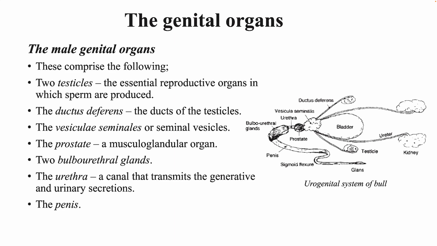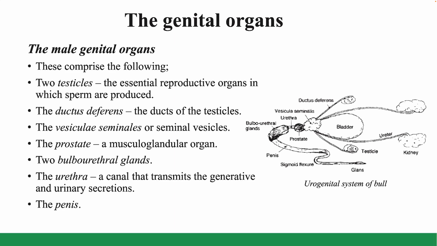And now let's jump to the genital organs. We'll talk a little bit of the male genital organs and then the female genital organs. The male genital organs consist of the testicles, the vesicula seminalis, the prostate, the urethra, the bulbourethral glands, and the penis.